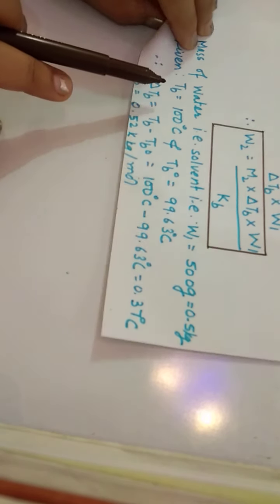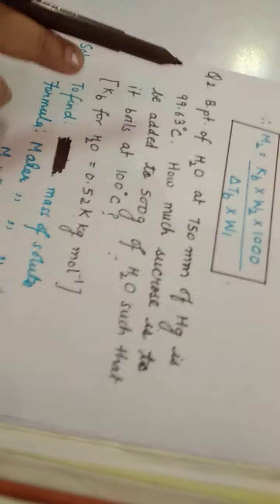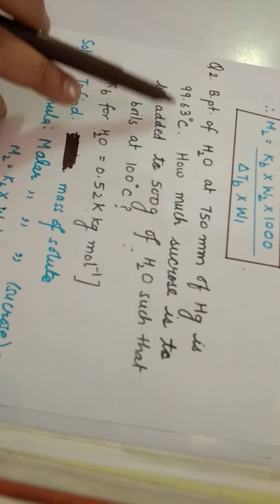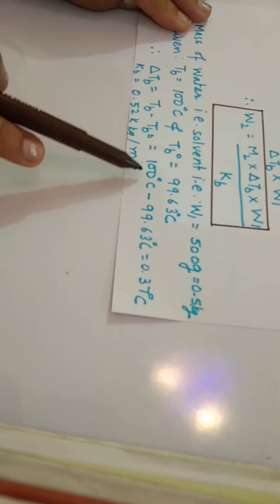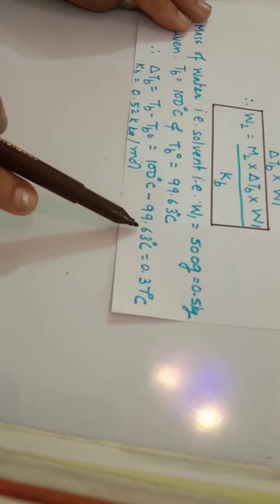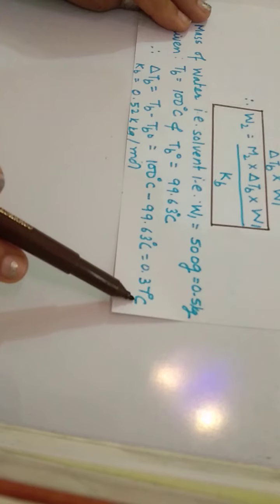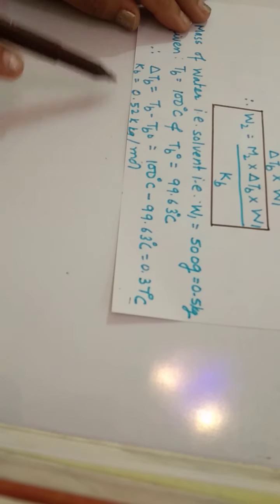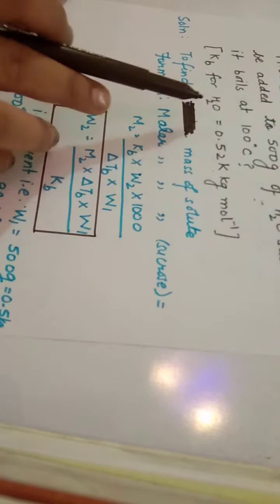And of the solution, the boiling point is 100 degrees Celsius, and of the pure solvent, that is water, it is 99.63. So delta Tb, the elevation in boiling point, will be equal to 100 minus 99.63, that is 0.37 K. And Kb is already given in the question. Kb is 0.52 kg per mole.